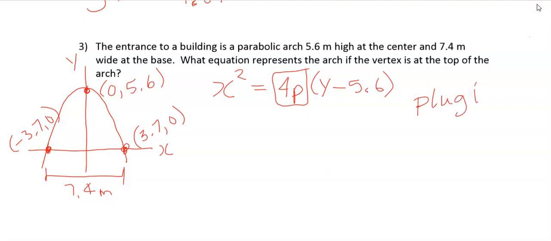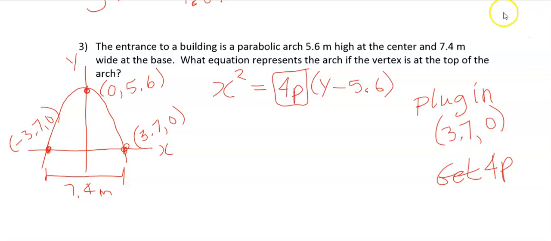Well, like one of those x-intercepts again. 3.7, put that in for your x, and 0 for the y, because that point, remember, is on the parabola. So if you plug that in, you get your 4p. And like I say, when you work it out, it's going to be negative anyway. And it's supposed to be negative because your parabola is opening downward. All right? So you finish that one right there.